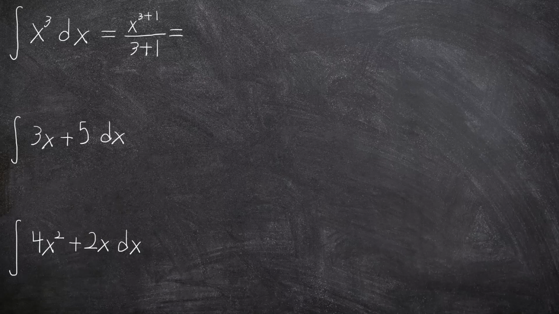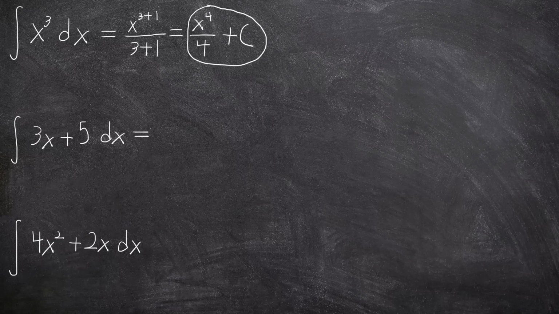And then this would simply get us x to the 4th over 4 plus c. Do not forget the plus c, and this will be our final answer. Or you could write this as 1/4 x to the 4th. Anyway, it doesn't matter.